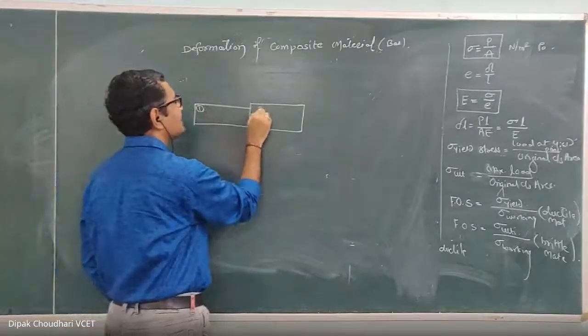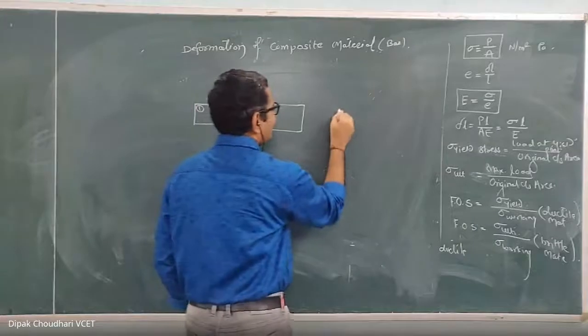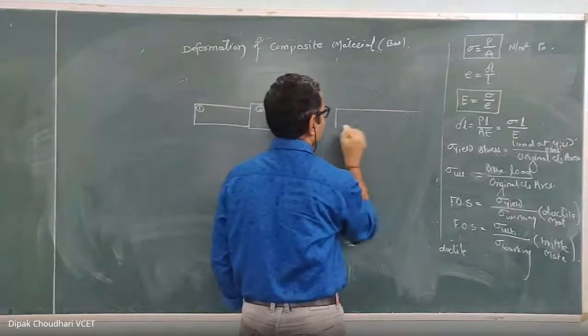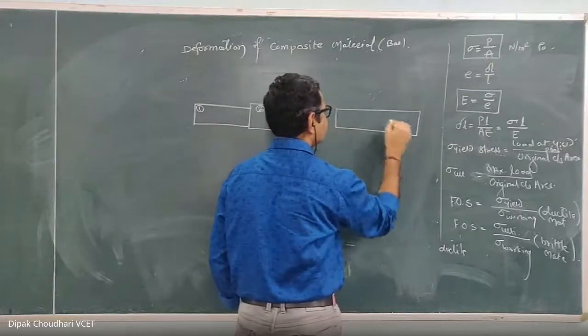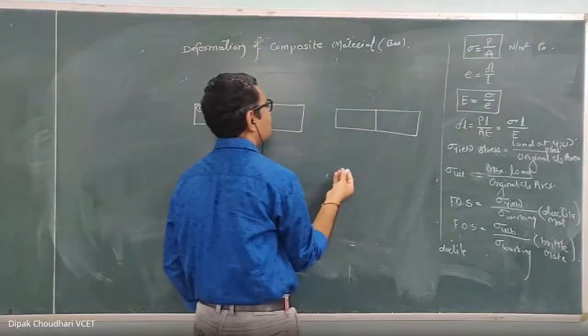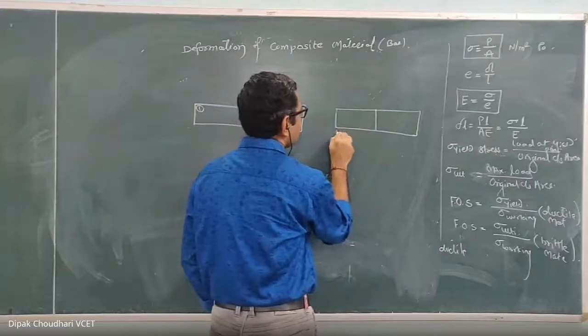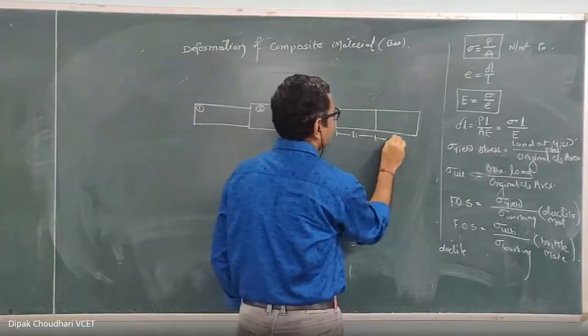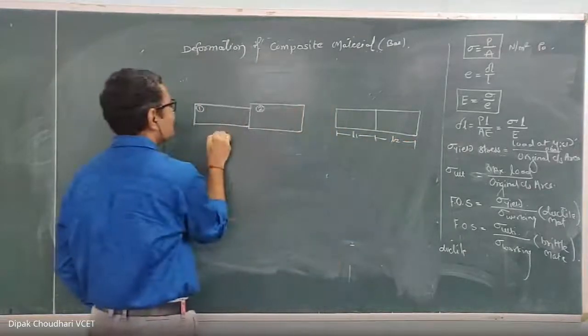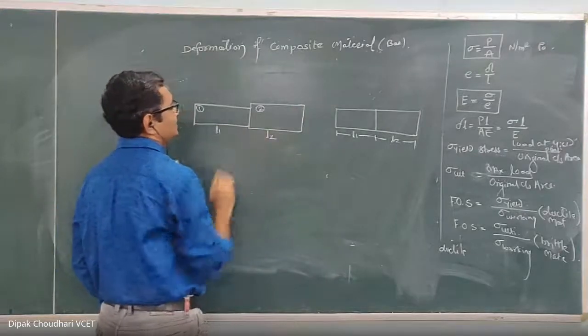Consider this is part 1, this is part 2. Or another case is a uniform rod, with uniform cross-sectional area, maybe of the same material, maybe of different material. Here, consider this as L1, this as L2. Here also consider this as L1, this as L2.